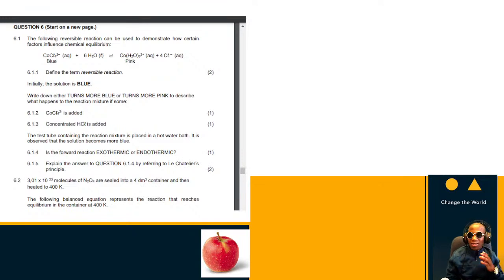Remember guys, for chemical equilibrium to happen, the amounts of substances must not be equal, but the forward and reverse reaction rates must be equal.